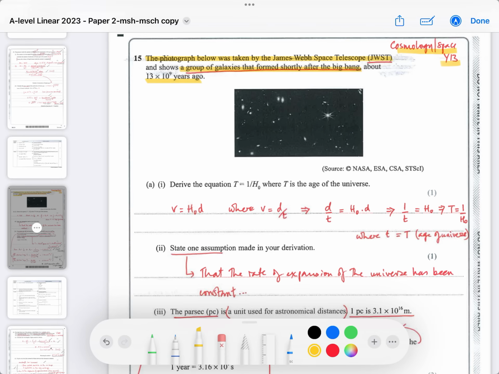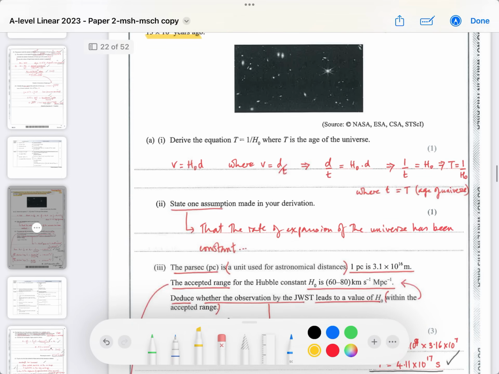So this is a picture that must be very, very far away, to be able to look back in time. So they want you to derive the equation t equals 1 over h naught, where t is the age of the universe. So we know that v equals h naught d.